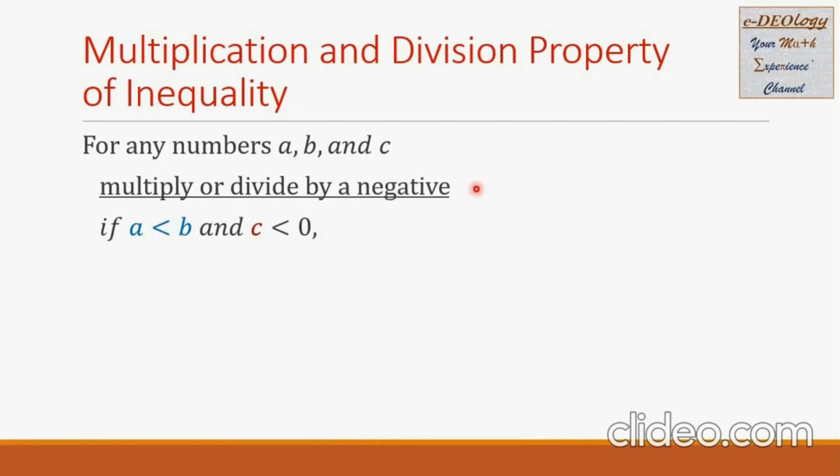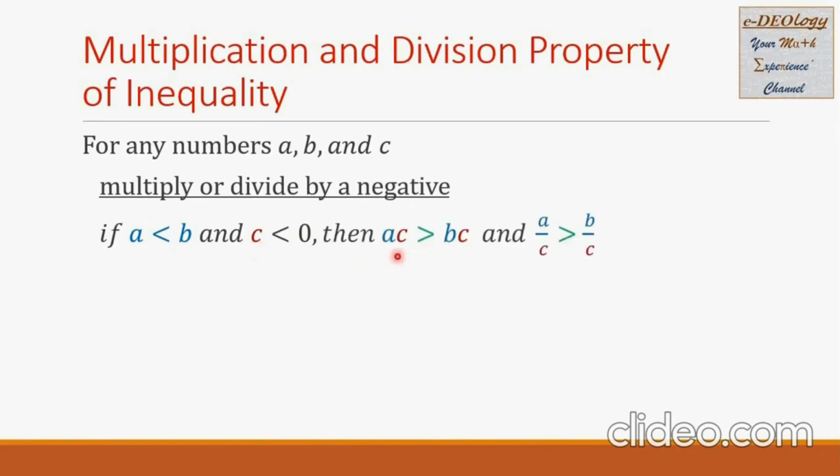Let us now multiply or divide by a negative number. If I have an inequality a is less than b and c is less than 0, this expression means c is a negative number.